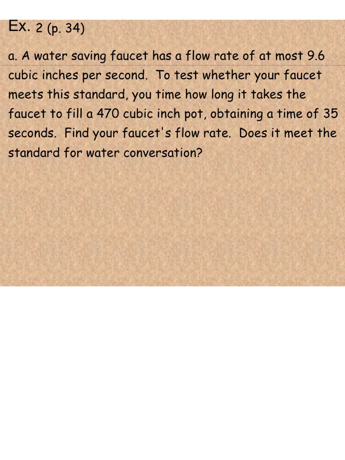So we're going to use the formula that volume is equal to the flow rate times the time to fill the pot. So the volume of the pot is equal to the flow rate of the faucet times the time that it takes to fill the pot. So V equals R times T. So the volume was 470.